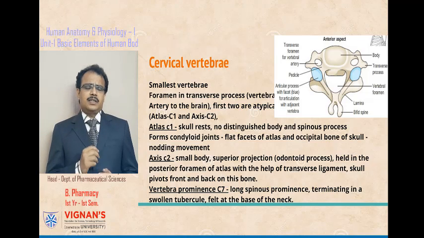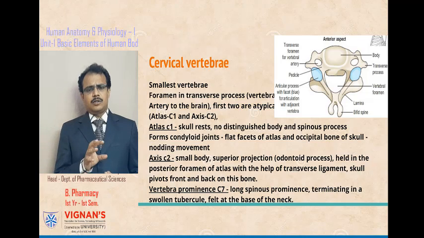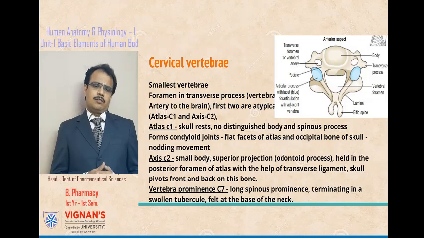And the spinous process of cervical vertebrae is bifid, and only the 7th cervical vertebrae's spinous process is prominent and gives attachment to the muscles of neck. These are the common characteristics of a cervical vertebrae.